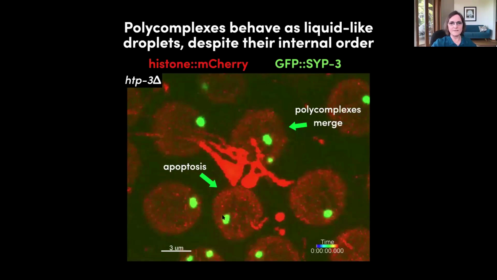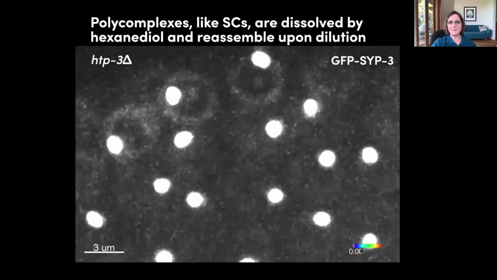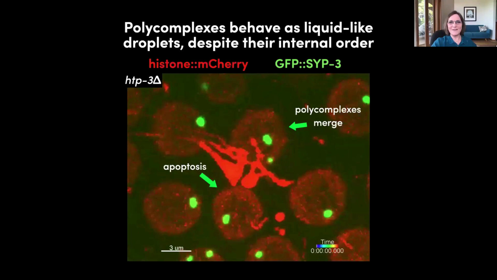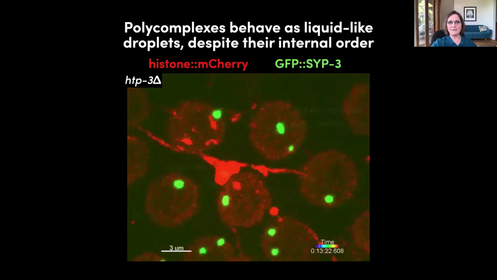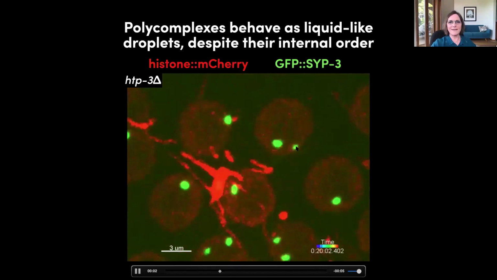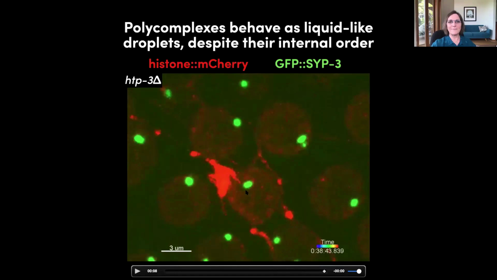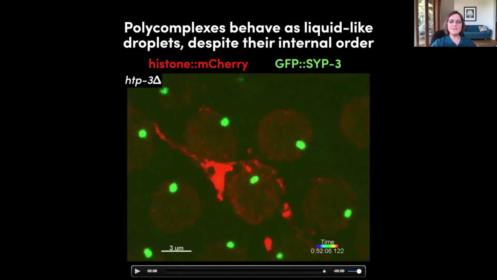And you'll see that this body just disappears as that cell is engulfed. So here we go. These two are going to fuse and form one larger body, and then this one's going to go away. So these are liquid-like behaviors.